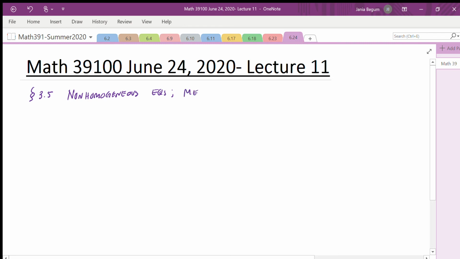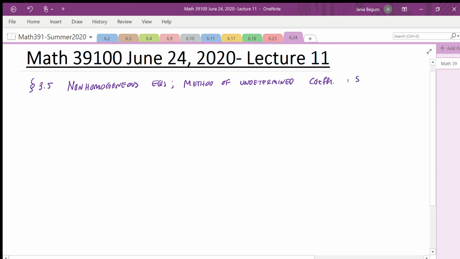So the method of undetermined coefficients. So we're solving second order linear differential equations with constant coefficients, right? So this is the method for non-homogeneous equations.